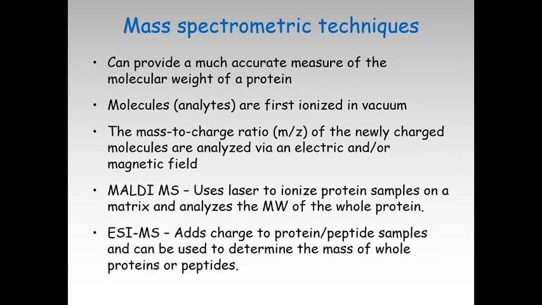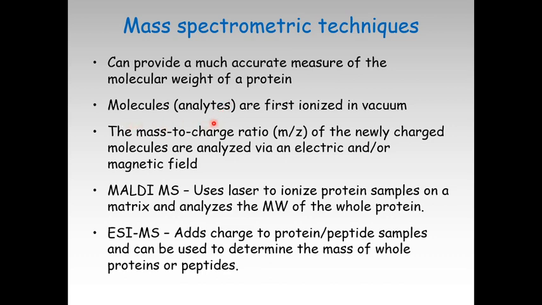Mass spectrometric techniques can provide a much more accurate measure of the molecular weight of a protein, in addition to the sequence of a protein. Remember that. What does a mass spectrometer do?